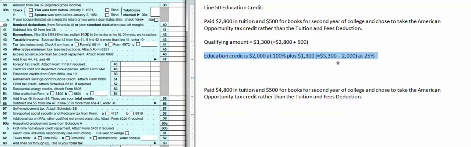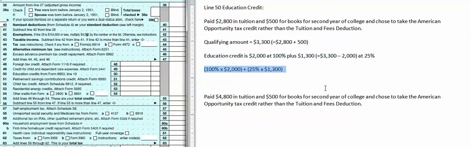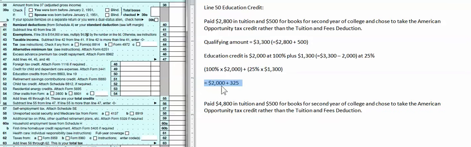But the amount over $2,000, so $3,300 was the total, that amount over $2,000 is at 25%. To calculate, you take 100% of your $2,000, plus 25% of the amount over $2,000 up through the $3,300, or an additional $1,300. So you get $2,325 that would go on line 50.